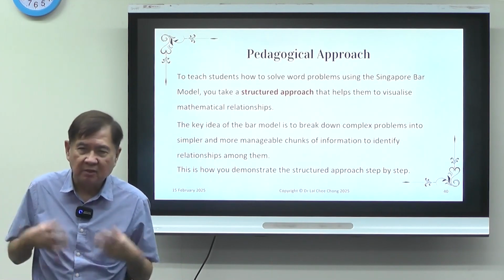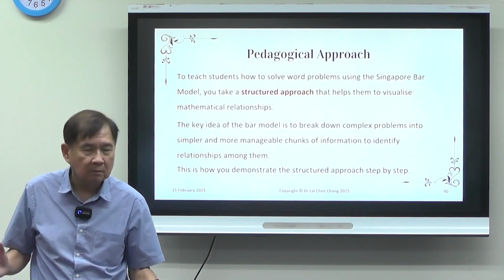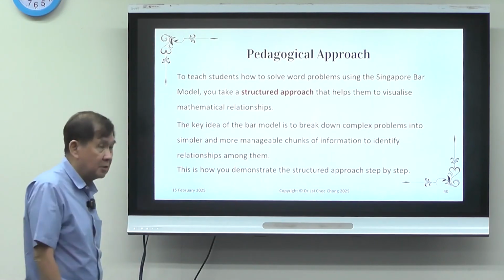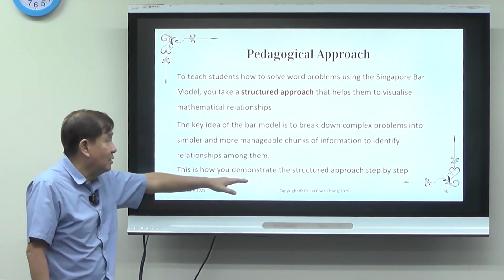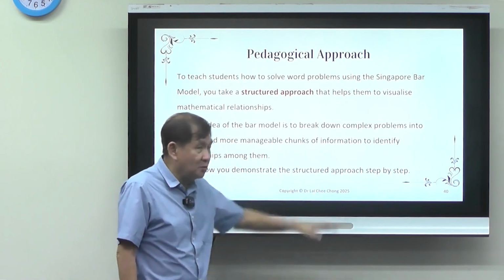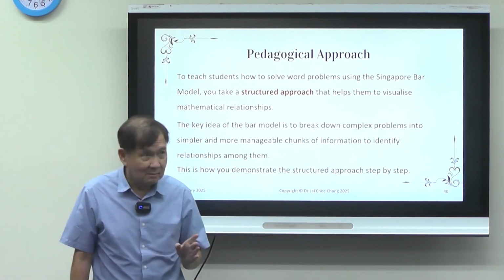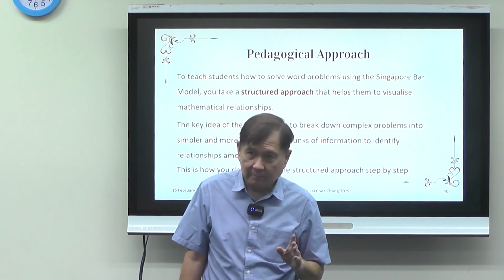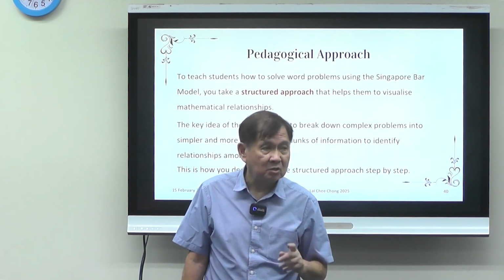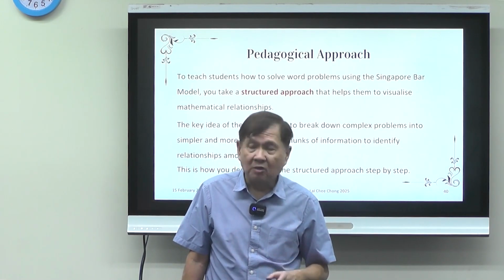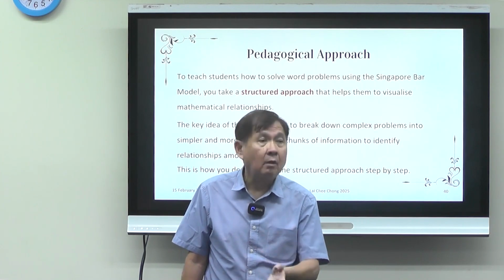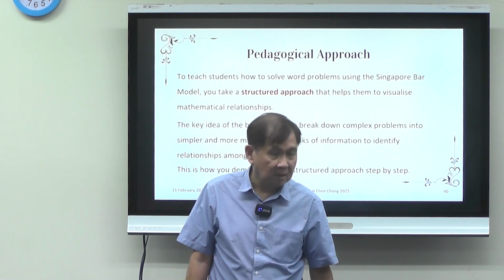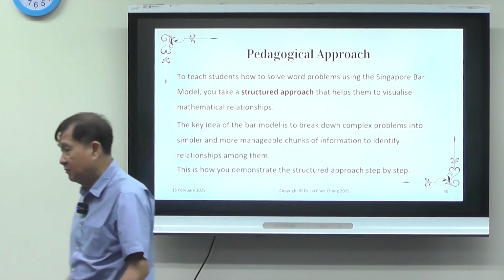Whether it's in fraction, ratio, percentage, anything, how they're related to each other. And therefore, your job is to demonstrate to the kids the structured approach step by step. No shortcut, to be very honest. And they must learn it from young. Actually, once they learn this structured approach, it will also benefit them when they go to grade 7 onwards, secondary mathematics. Because this approach is quite useful, okay?